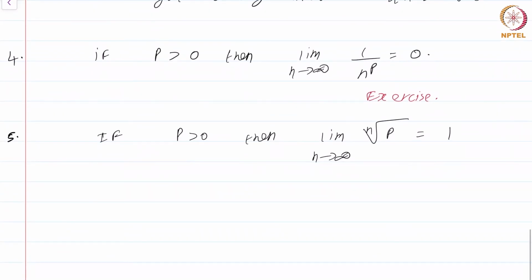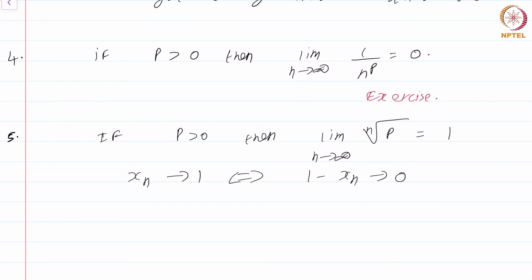Now, how are you going to show this? Well, you use a particular trick. Suppose you want to show that xn converges to 1, then one strategy is to see that this is the same as showing that 1 minus xn converges to 0. It's exactly the same thing in a different form.